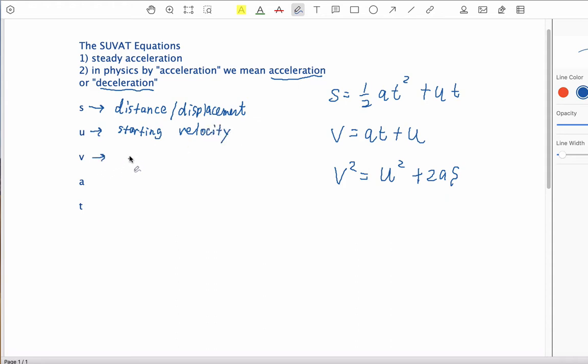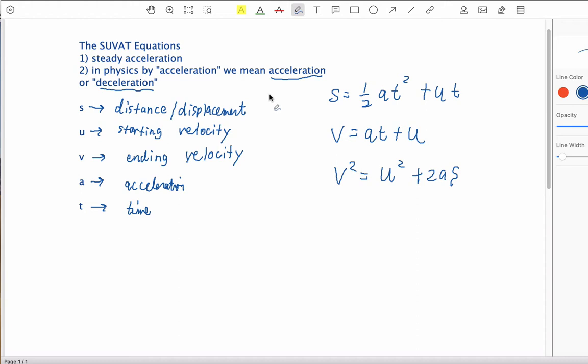V is going to be your ending velocity. And again, that doesn't mean that you're stopped. It just means that's when we're at the final time in our problem. A is the acceleration. And T is going to be the time.